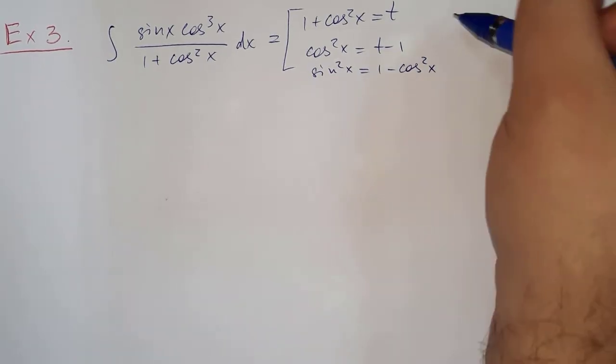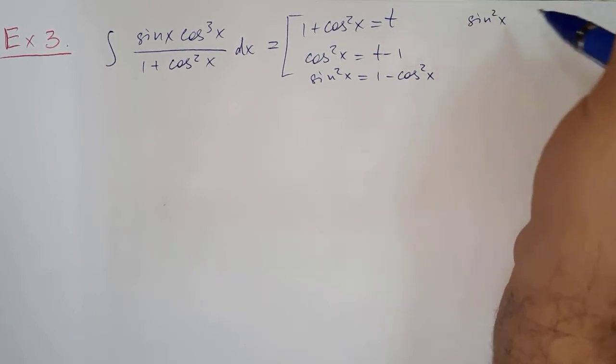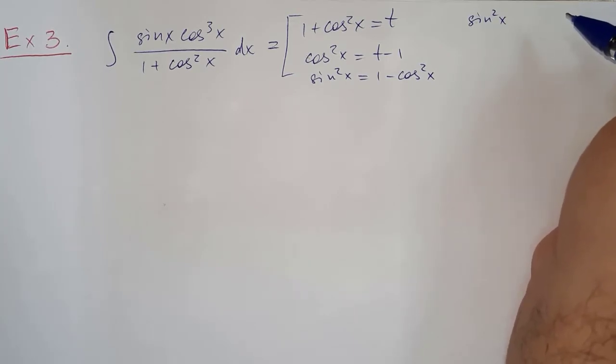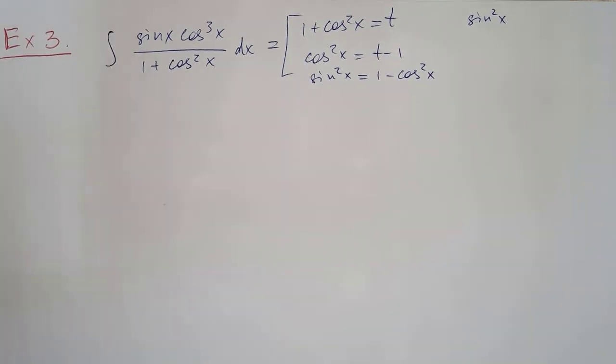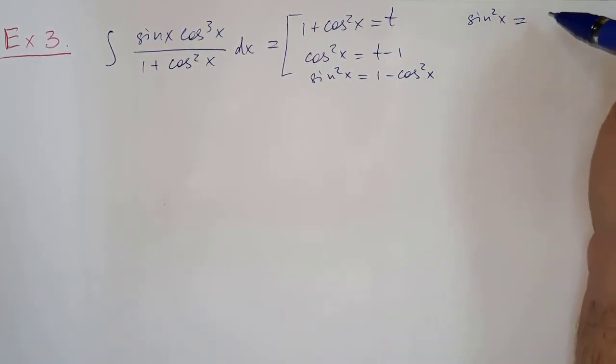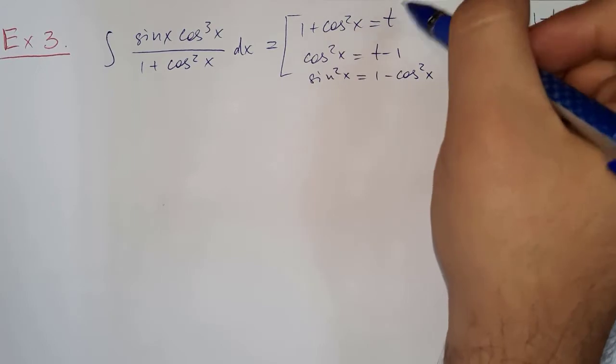So we can find here also sine squared x, it is 1 minus (t minus 1), 2 minus t, or let's do it like this.